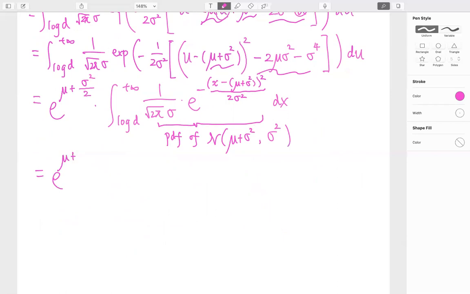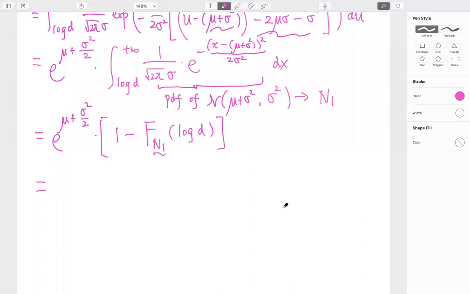So I can write this as 1 minus the, let's put a name for this, let's call this n1. This will be 1 minus the CDF of n1 at log d. So this n1 is not a standard normal, so we need to standardize it.